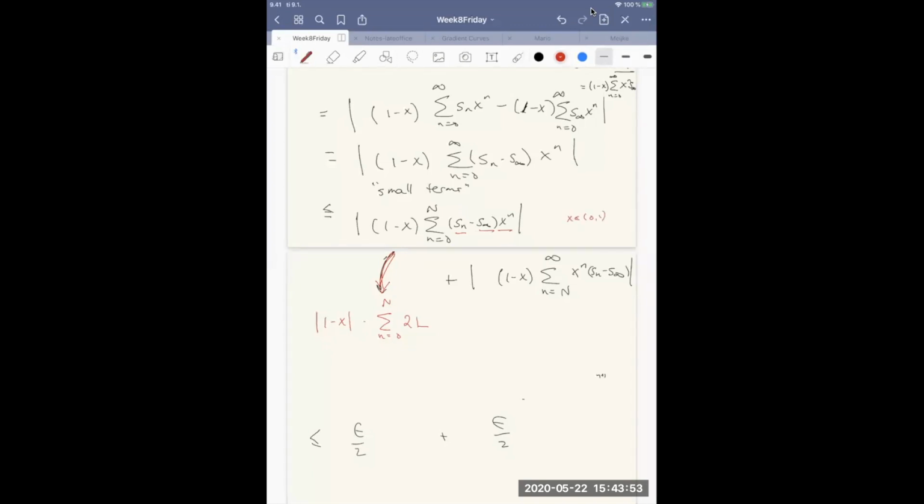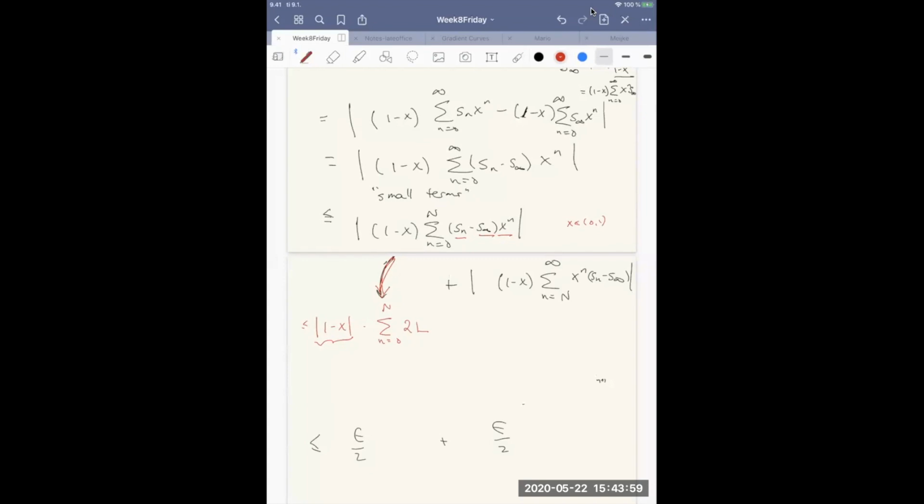So we get a bound of this whole expression by this, but this is a factor of 1 minus x. So if we make delta sufficiently small, so if delta is less than epsilon over the sum from n equals 0 to N of 2L, and 2 times this, then we get this term. This will depend on the choice of N.